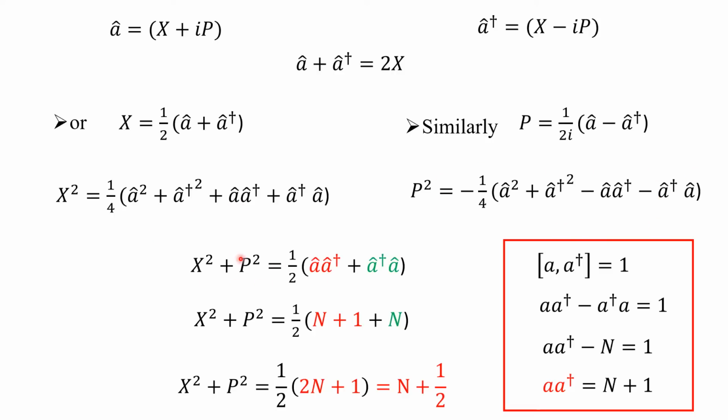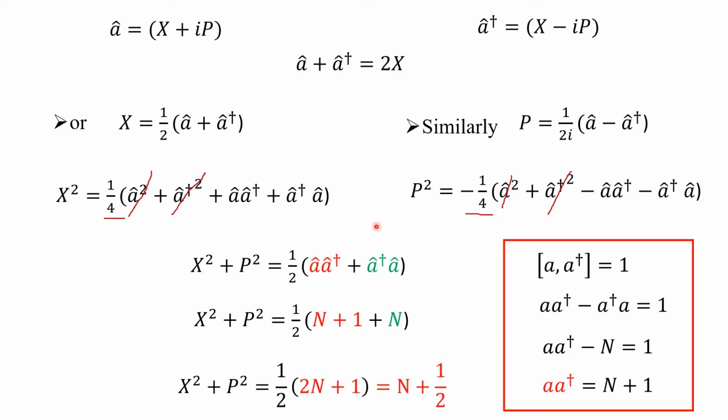Now if you add these two, capital X squared plus capital P squared, you can see that in both terms you have 1 over 4. Here you remember 1 over 4, of course, with the negative sign. So the first term will get cancelled with the first term, and the second term will get cancelled with this second term.